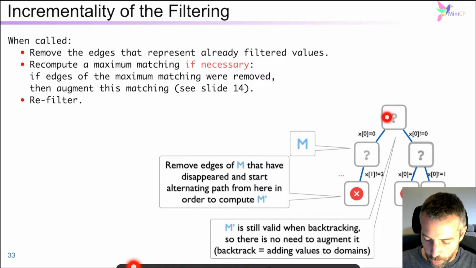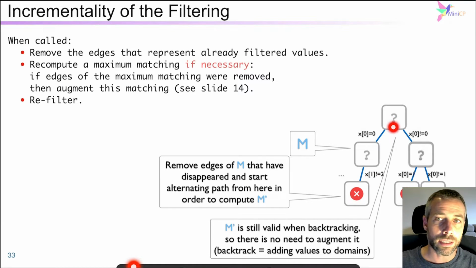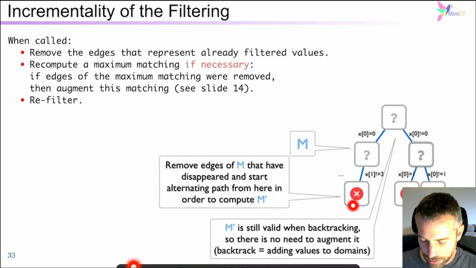Okay, so once you have updated the graph and found a new maximum matching, when you backtrack to an ancestor node, it's very important to note that you can only recover edges. As a consequence, the valid M prime that would be there when you backtrack might not be the same one as you had previously computed in this node, but it's still a valid one and you can continue from there.